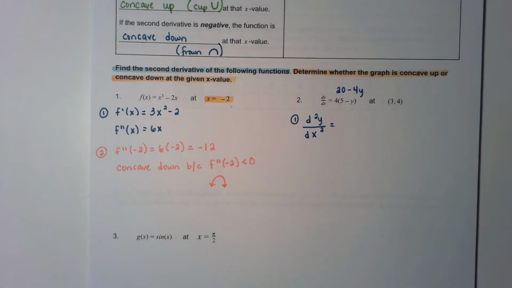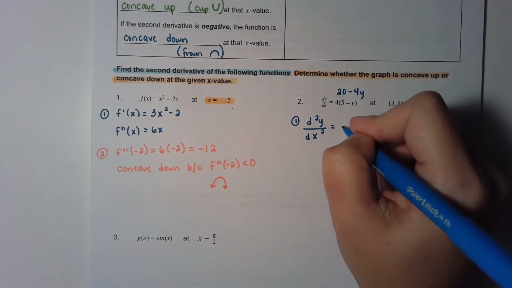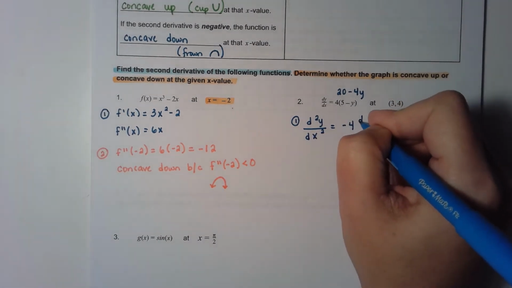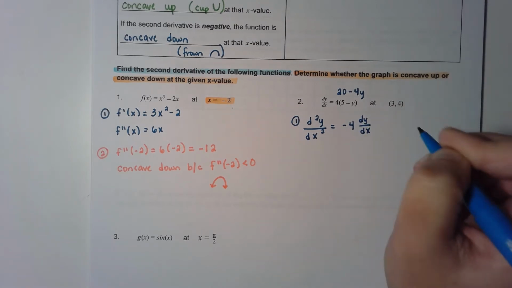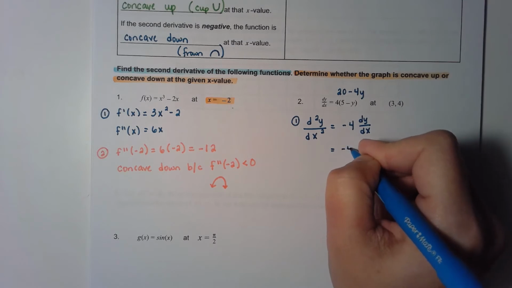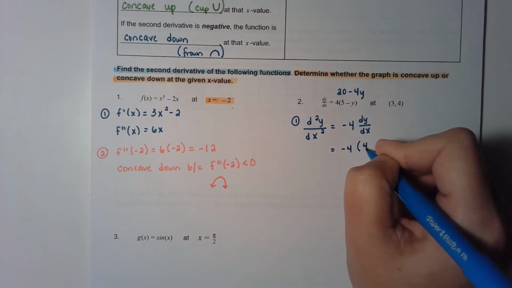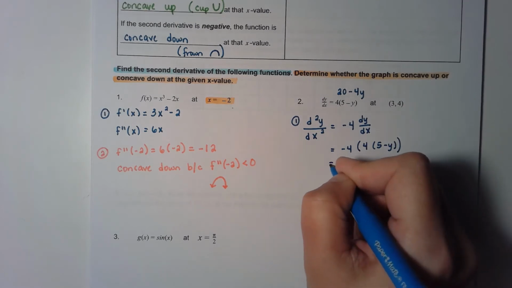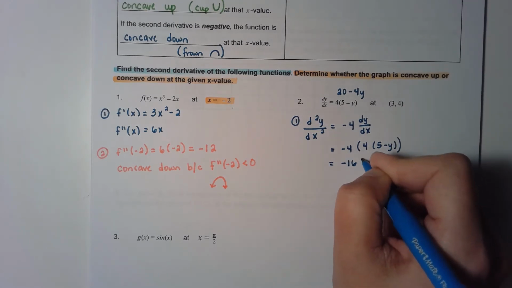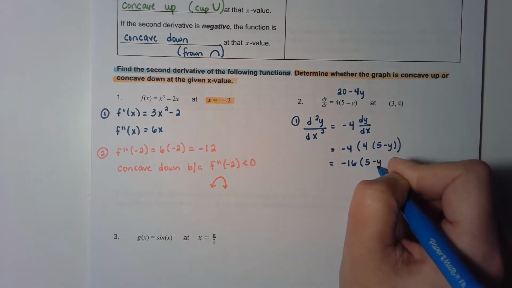So I would have 20 minus 4y, which means I would have negative 4 times dy over dx. I'm going to go ahead and substitute my dy over dx back in. So I would have 4 parentheses 5 minus y. And if I simplify a little bit, negative 16 times 5 minus y.